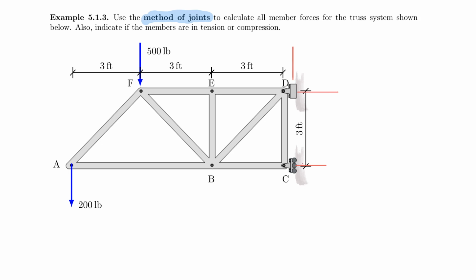But I probably have a support reaction that goes in this direction, a support reaction that goes in this direction, and a support reaction that goes in that direction. So I call this here RDX, RDY, and RCX. And if you look at it, this here could be like one complete member, and it would be a cantilever because it would be like fixed here on the side.